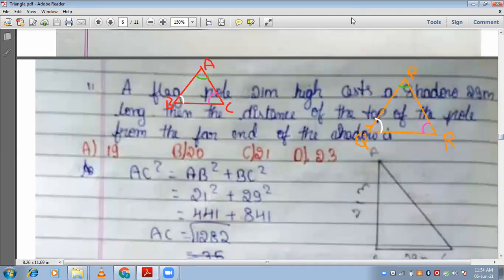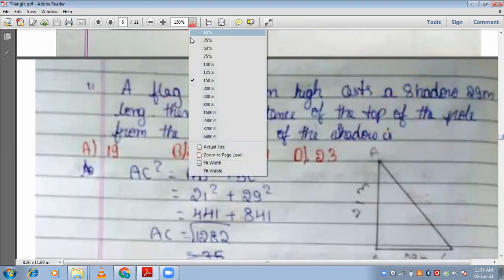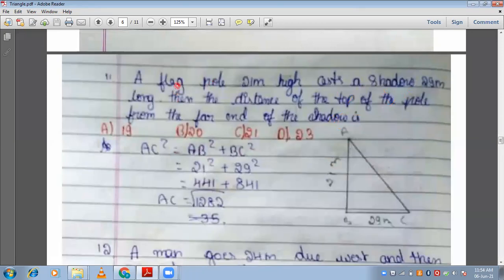Next sum, a flagpole of 21 meter. Consider AB is the flagpole. The height of the flagpole is 21 centimeter. Its shadow is 29 centimeter. This is the length of the shadow, BC. BC is equal to 29 meter.